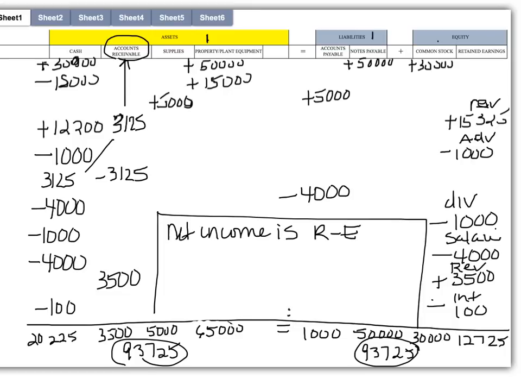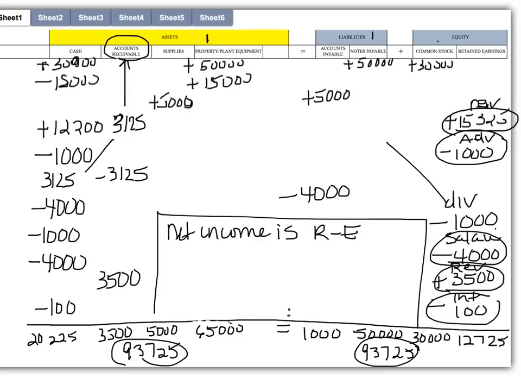So let's go see if we could pick that up. Here's revenue. This is an expense. This is an expense. This is revenue. And this is an expense. Dividends is not an expense. And remember, it goes on the statement of retained earnings, not here.